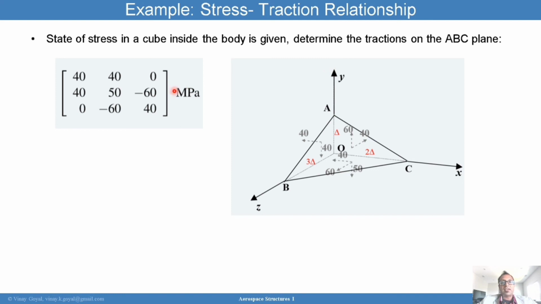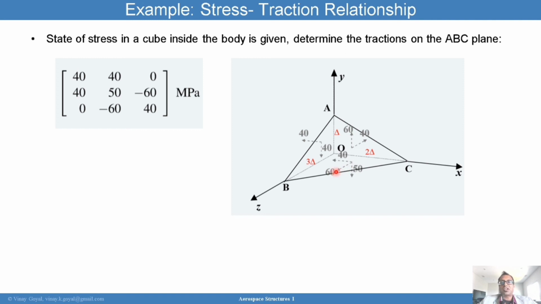And then finally, I have minus 60, which is sigma yz, the y face in the z direction, but it'll be pointed in the opposite direction on the top face.